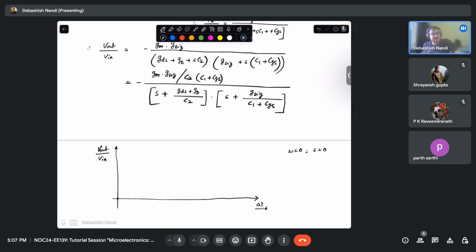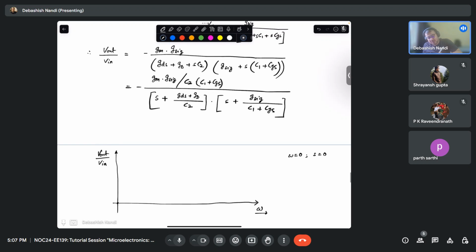S is zero because S is nothing but j omega. So I put S zero. Then what do I have at DC? GM Gsig by C2 C1 GD. This I will have, right? Yes, I get back my DC gain.